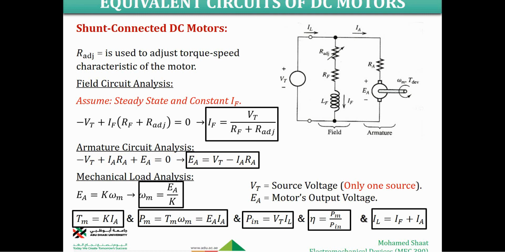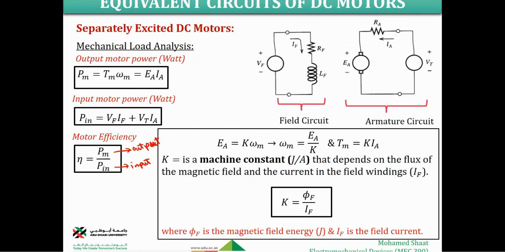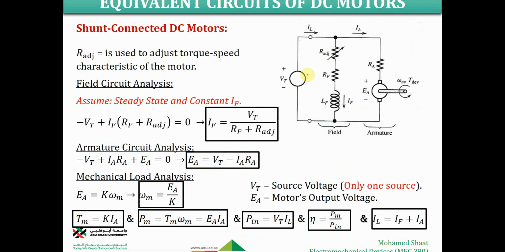And this is the basic idea of the shunt connected DC motor. In comparison to this one, we use two sources, two batteries here. One is VF and another source of energy for the armature circuit. But how about if we are using the same source for both the field circuit and the armature circuit? This is going to give us the shunt connected DC motor, right? So this is the basic idea.